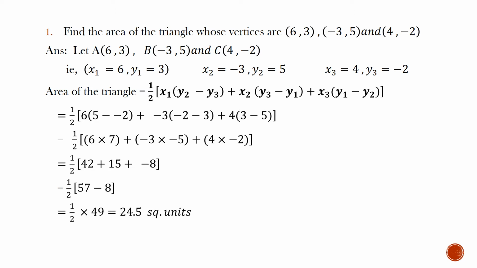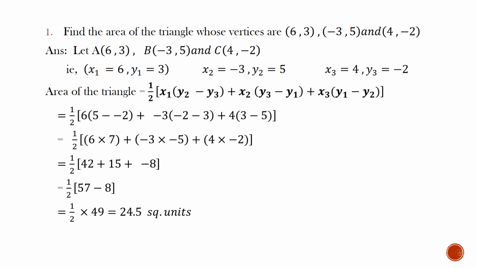The second term will be negative 3 into negative 5. Inside the bracket we have negative 2 minus 3, which is negative 5. And the last one will be 4 into negative 2. 3 minus 5 is negative 2.